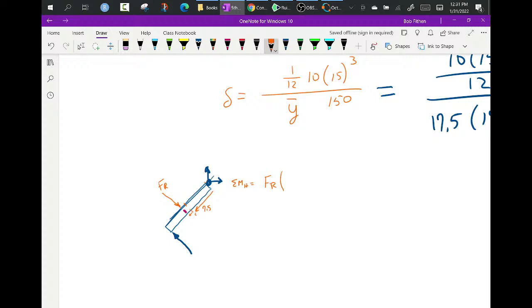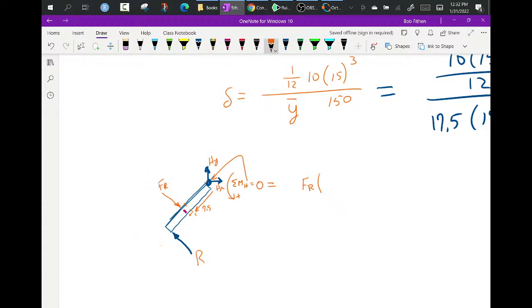Now let's go ahead and make this be positive. Let me move this over. It's fluid static, so it's got to be 0. Since I'm taking the moment about this hinge, the hinge force in the Y and the hinge force in the X don't matter. By summing the moments, I'm only looking for this force and the resultant force.